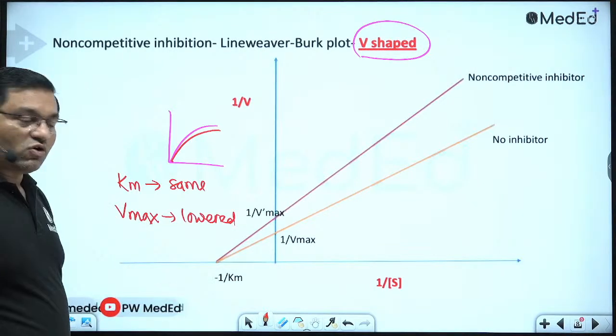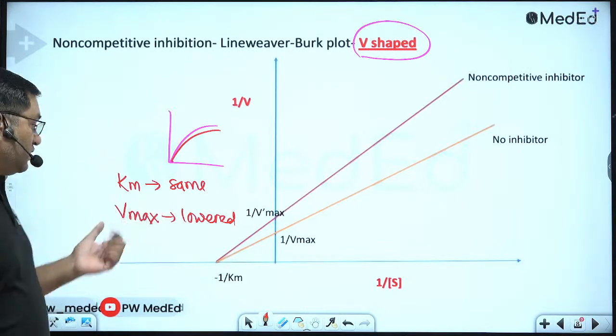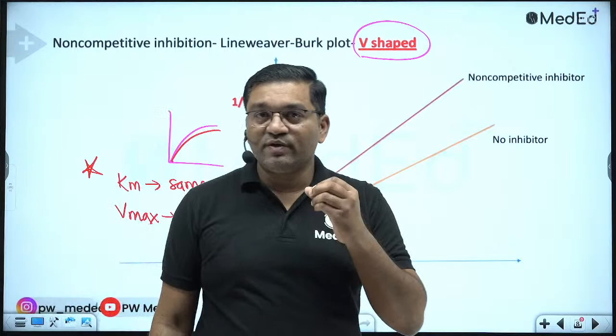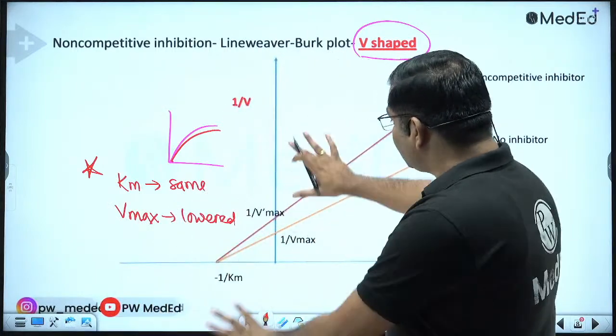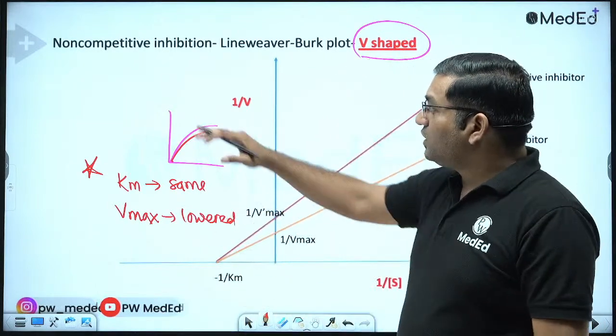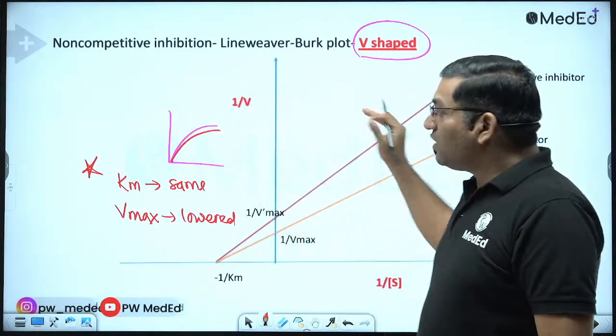This is the important part: what happens to Km and Vmax in different types of inhibition. And these images, the X-shape, V-shape graph and parallel lines, are important in competitive, non-competitive and uncompetitive inhibition.